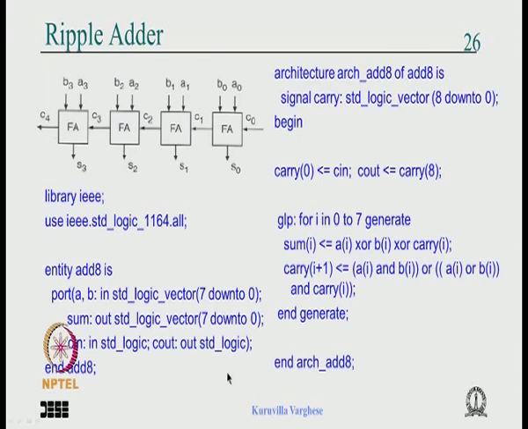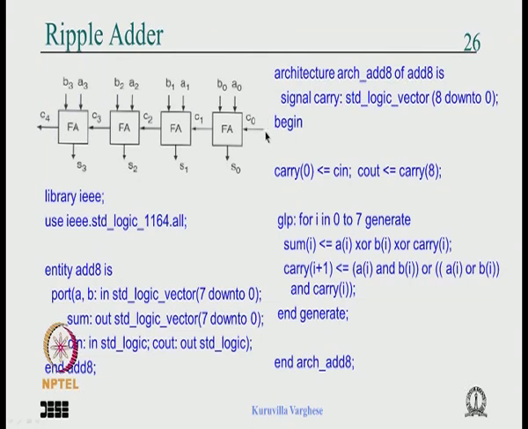Now when you write the equation, it has to be elegant. We are going to write a generate loop. If you keep this as C in, there is an issue, because the C in part has to be outside the loop, since A0 B0 should be combined with the C in.